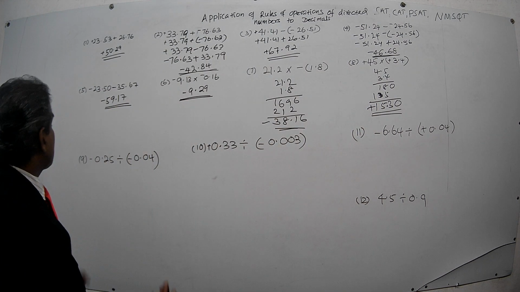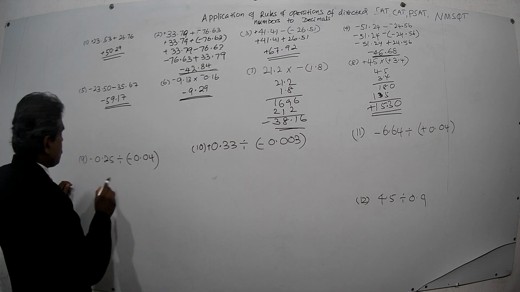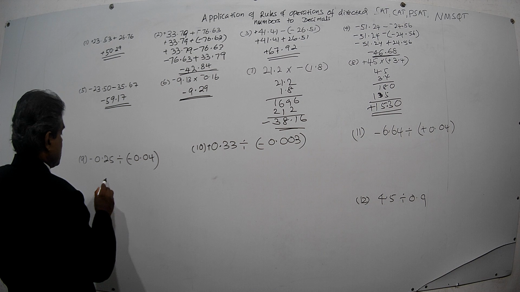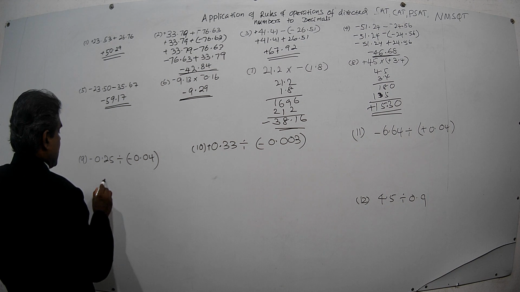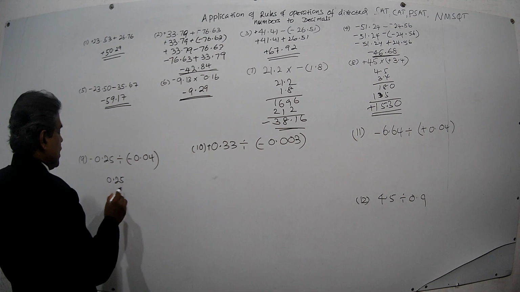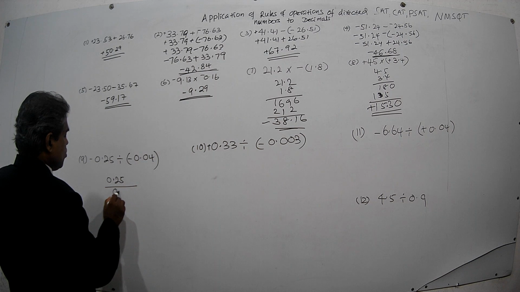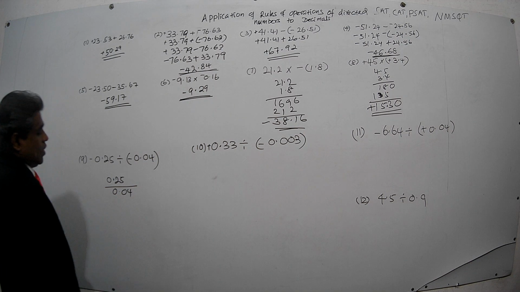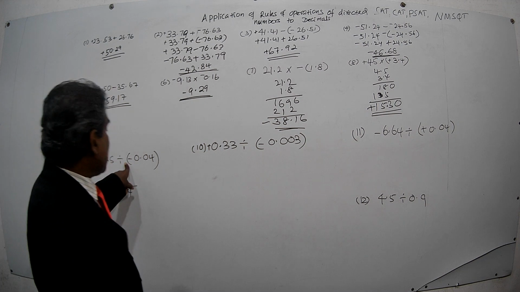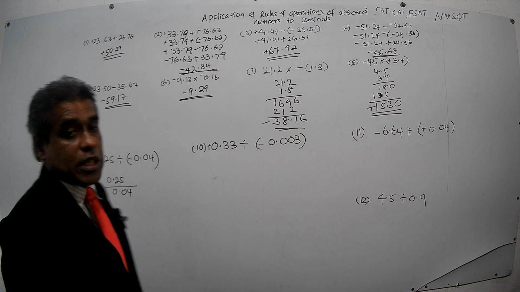Now here, you divide. How do you divide in the first place? You write it in this way. 0.25 divided by 0.04. When the divisor, the value after the division sign, is a decimal, that decimal must be removed.